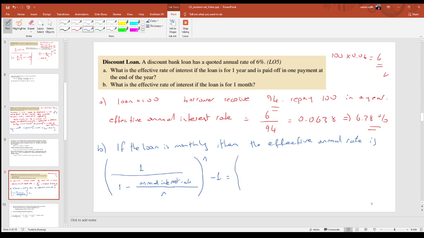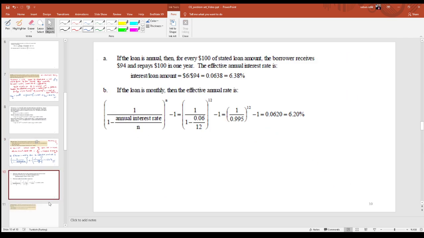So let's plug in the figures. 1 divided by 1 minus your annual interest rate, given as 6%, divided by 12, because we are doing the monthly period. So this is going to be minus 1. The result of this will be equal to 6.20%.